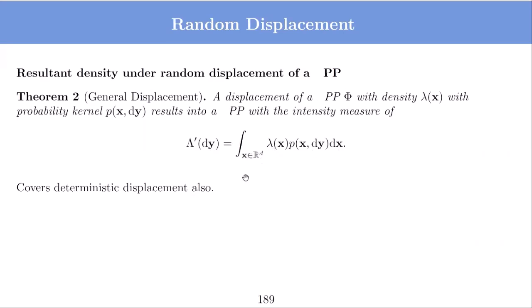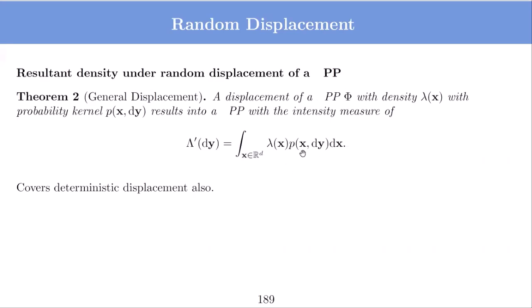So you can interpret it in the following way. You are assuming the original point can be anywhere in the space R^d, and the expected number of points in a small set dx is lambda(x) dx. So these many points are there in the set dx, and this set is around the point x.